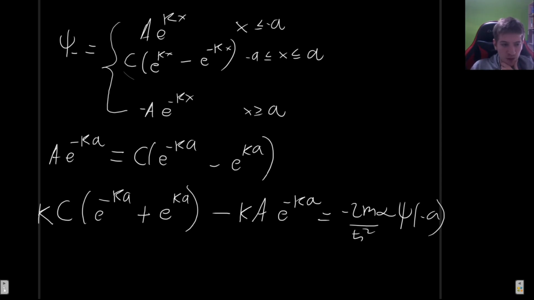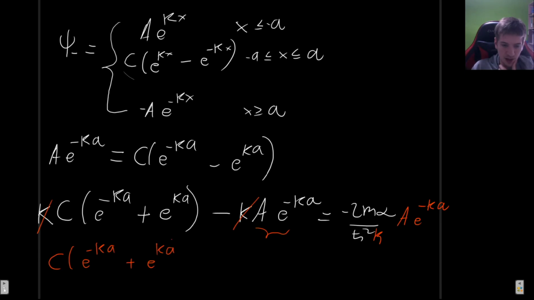Okay, so as before, we can now just divide through by k. So we write it down here. And actually, let me also write explicitly psi of minus a. So psi of minus a is going to be this right here, a e to the minus ka. So we can also then put this to the right hand side. So we get c factor of e to the minus ka plus e to the ka.